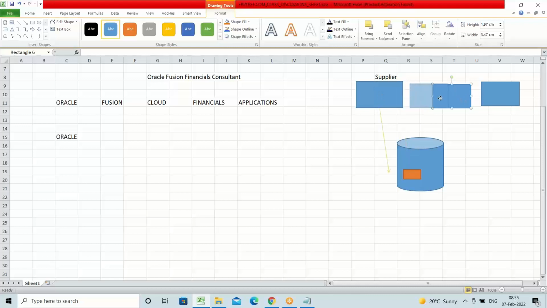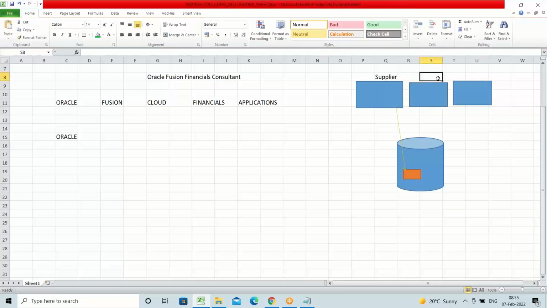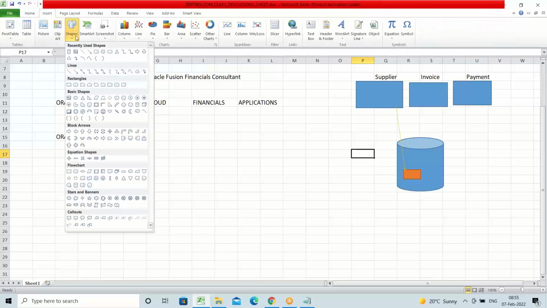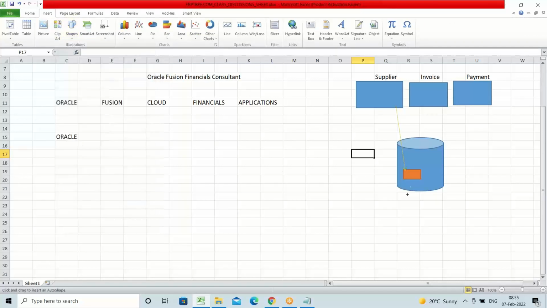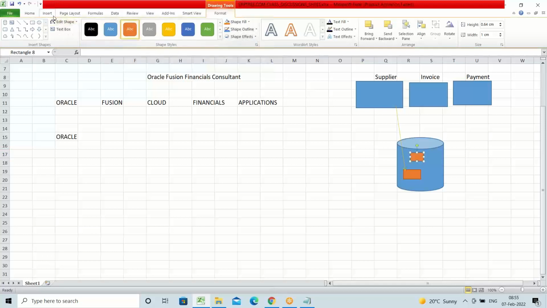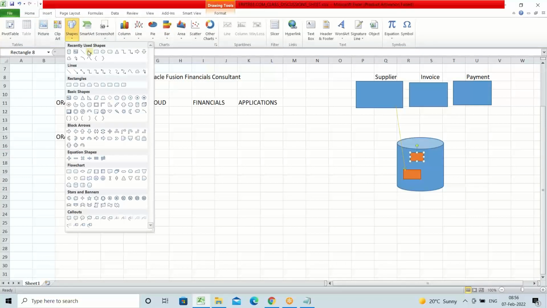This is how you can have different pages, and this may be an invoice related page. This may be a payments related page. For invoice, you can have a table in the database, and you can connect.